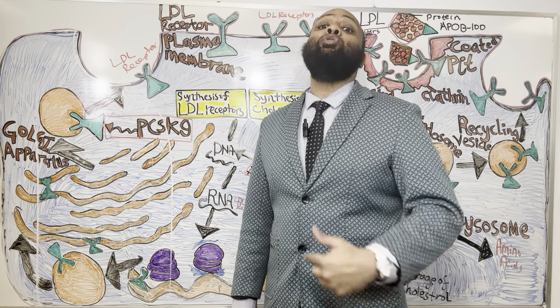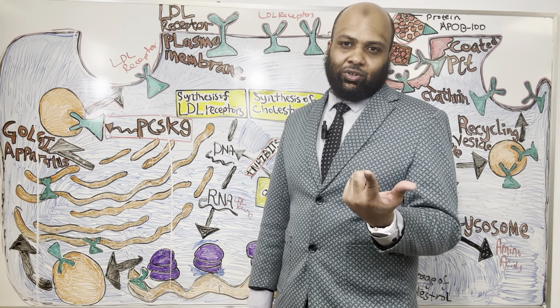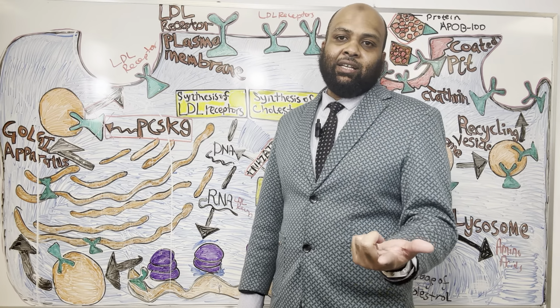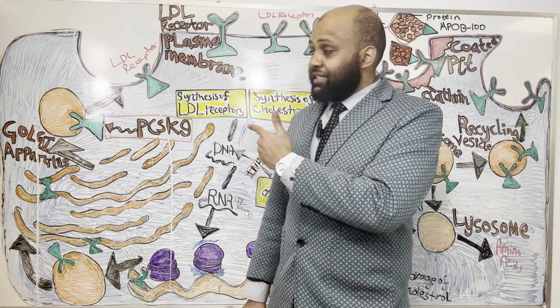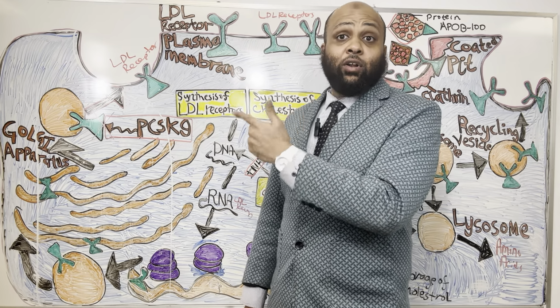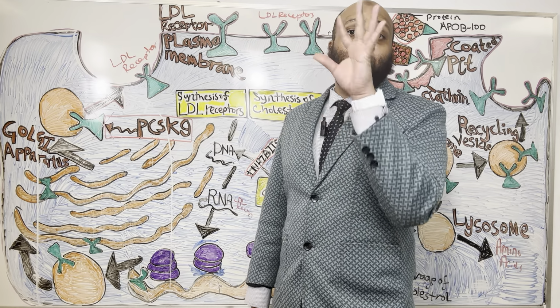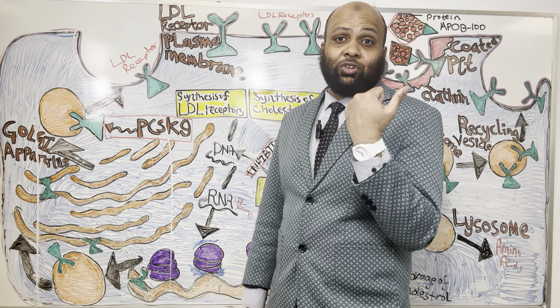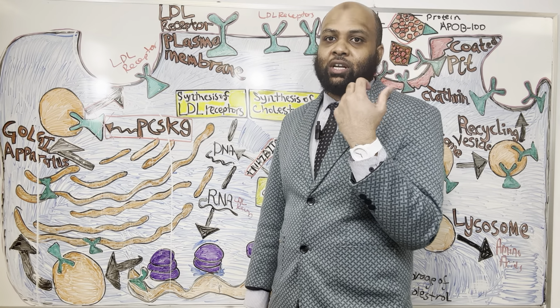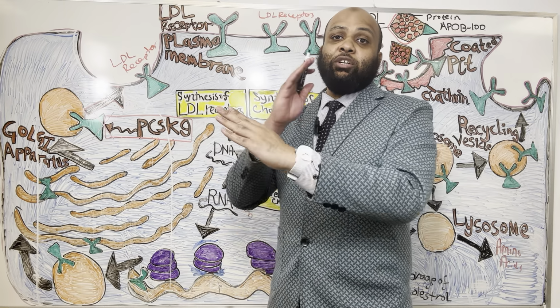But if I have too much cholesterol, too much LDL inside the cell, and I leave PCSK9 off, LDL receptors are going to be plucked on my plasma membrane and we're going to bring in a lot of cholesterol. We don't want that. We don't want the stress. So we're going to turn PCSK9 on so it can destroy the receptors for us.